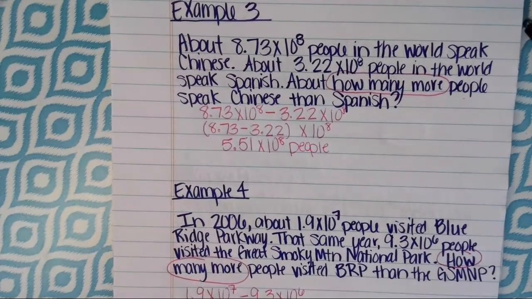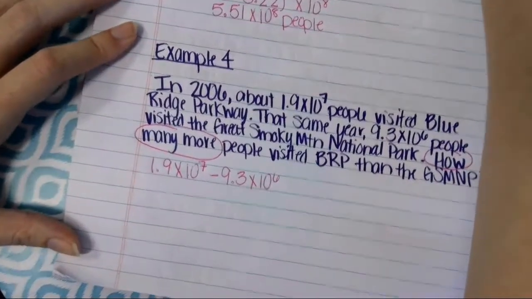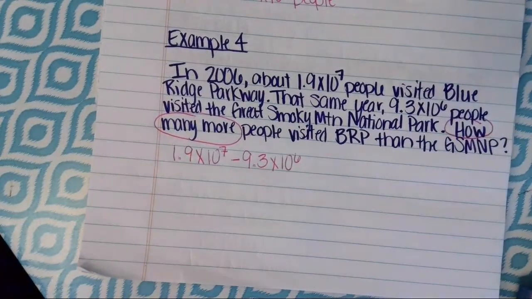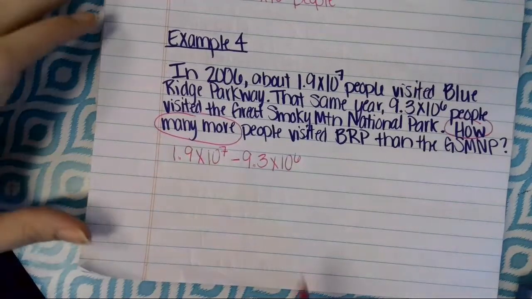So I look at my exponents, and this time they're not the same. So I do need to convert them to be able to work it. I'm going to choose to convert this to standard form. If you like to leave them in scientific notation and make your notations match, you can work it that way. I'm going to convert them to standard form.